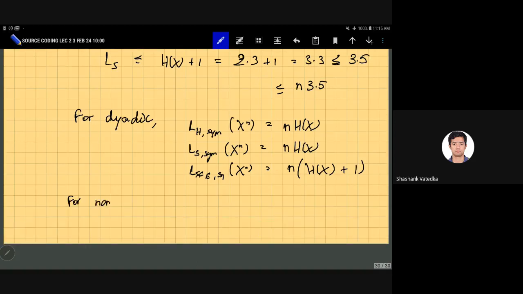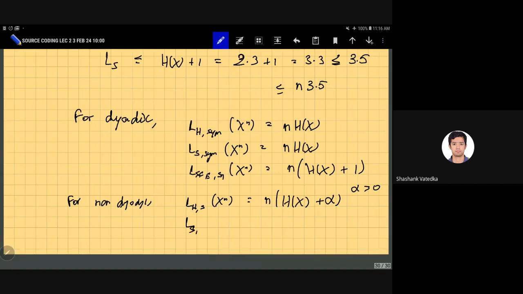For non-dyadic, LH symbol-wise of xn is strictly greater than n times h of x. In fact, it grows linearly with n. So this is n times h of x plus alpha for some alpha greater than 0.